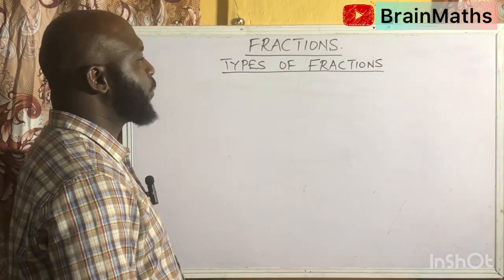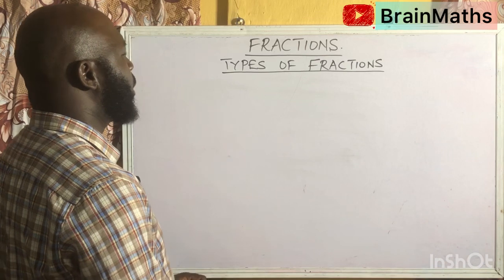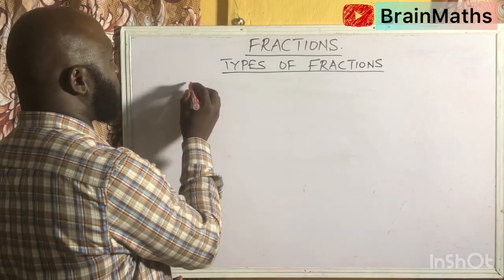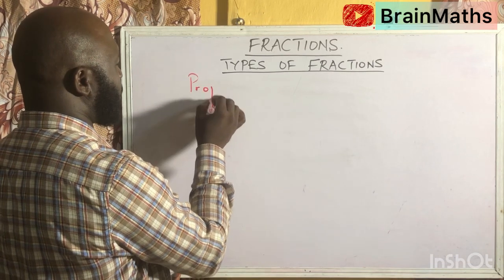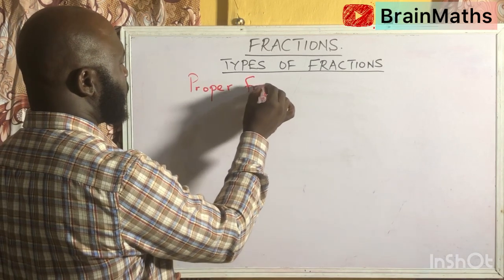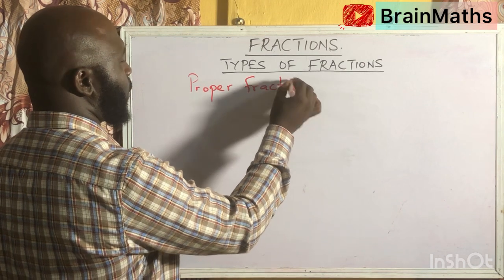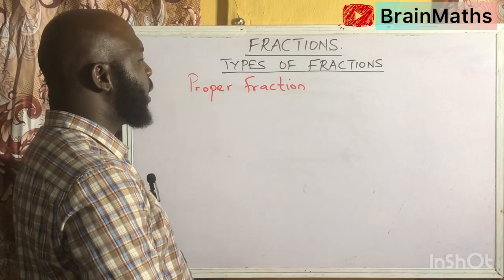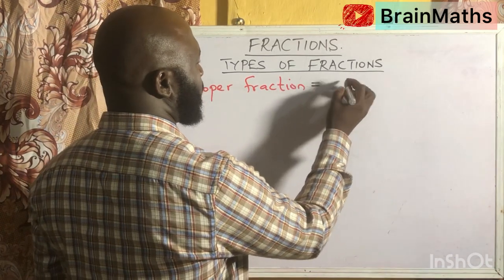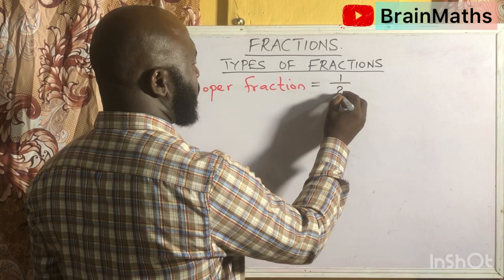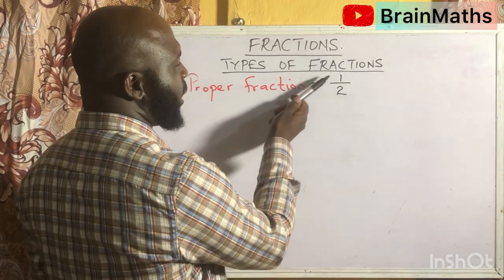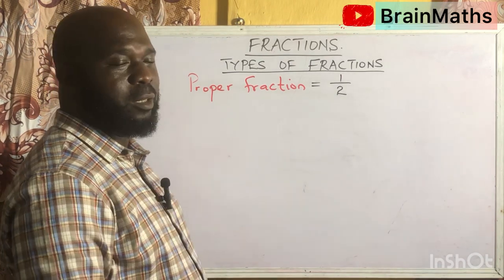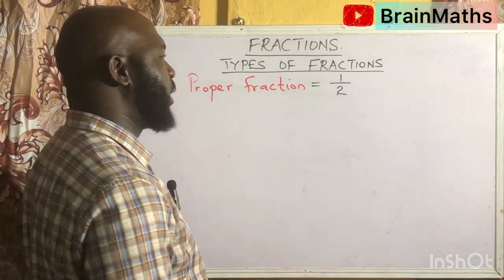Now let's look at the different types of fractions that we have. The first and most common type of fraction is referred to as a proper fraction. A fraction is regarded as a proper fraction when the numerator is smaller than the denominator. That is, when the load being carried by the denominator is smaller than the denominator itself.